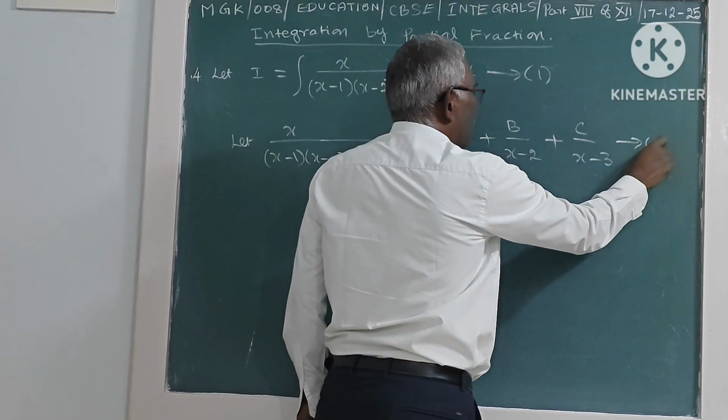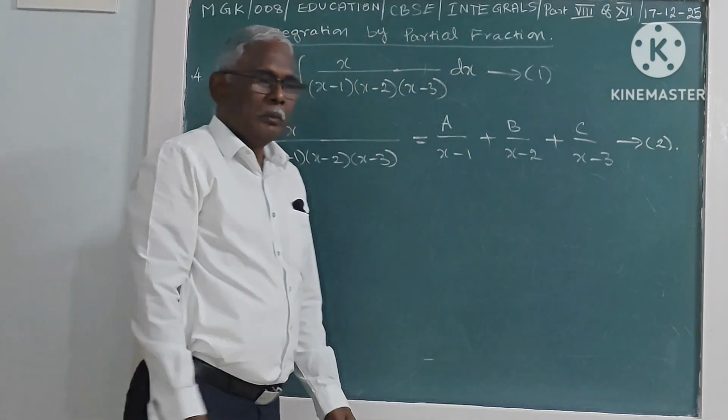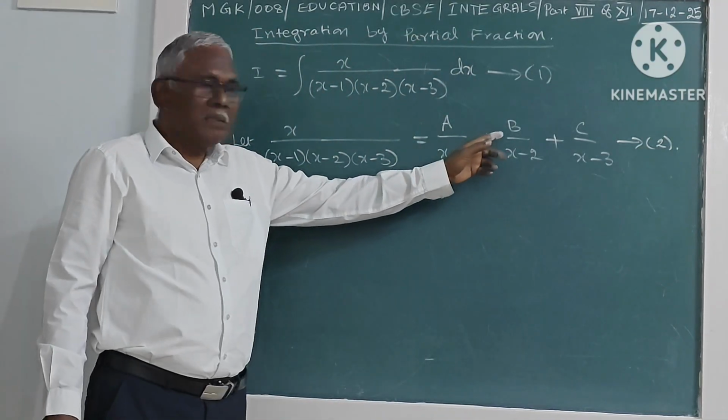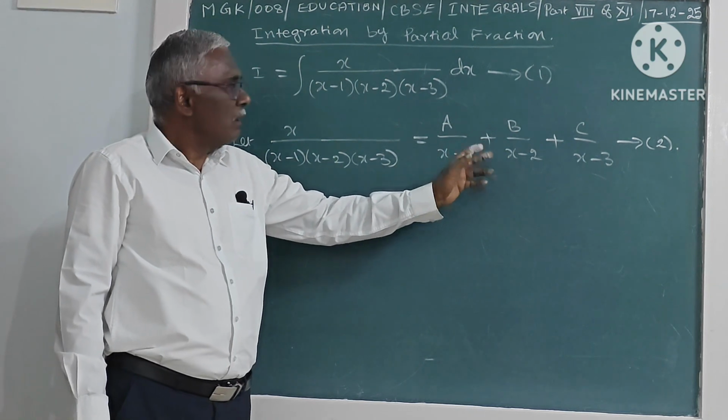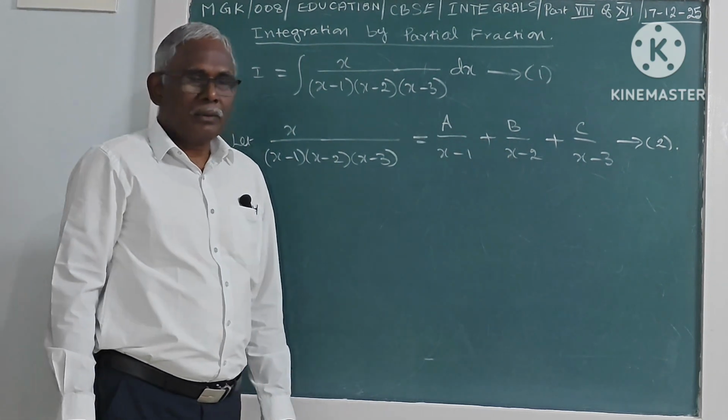We call this equation 2. So A, B, C are arbitrary constants. We have to find these values.